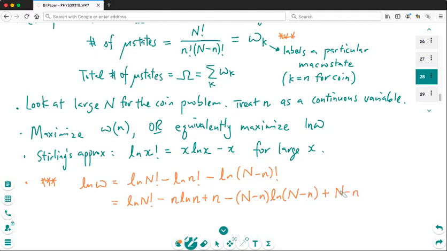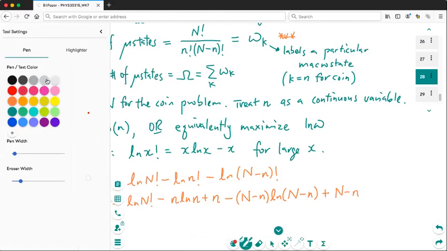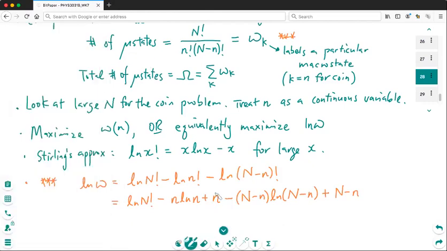So from this line, I didn't do much. This is just applying Stirling's approximation. So you see some nice cancellation already here. There's a n, little n, and a minus little n here. And again, this big N will disappear later.